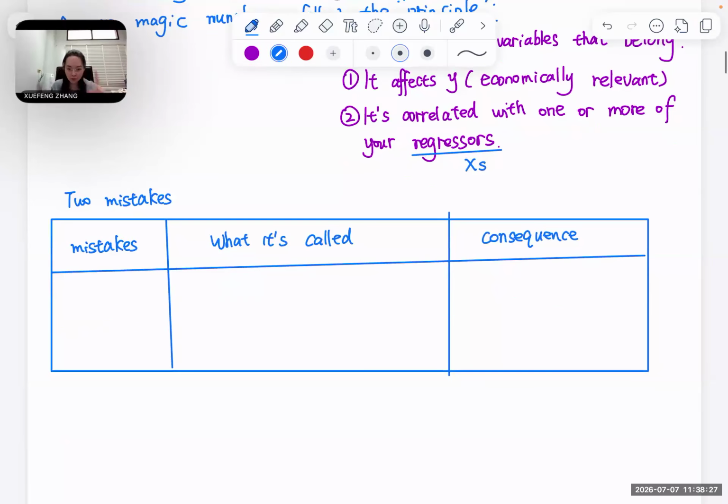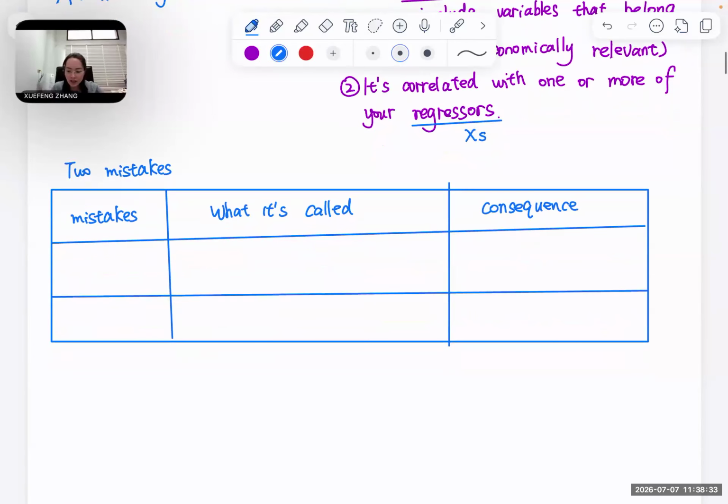Okay, the first one is you have too few variables. This means that it might be underfitted.